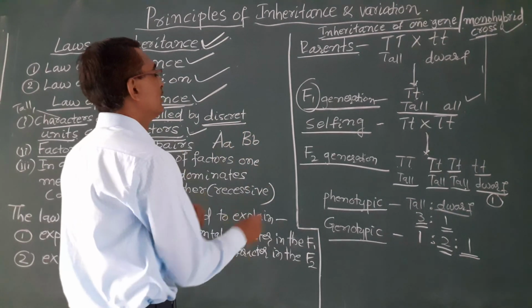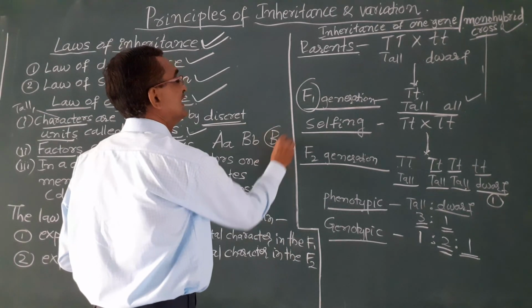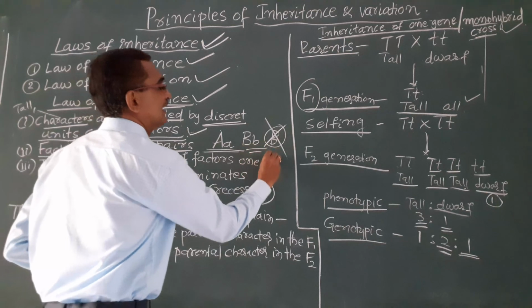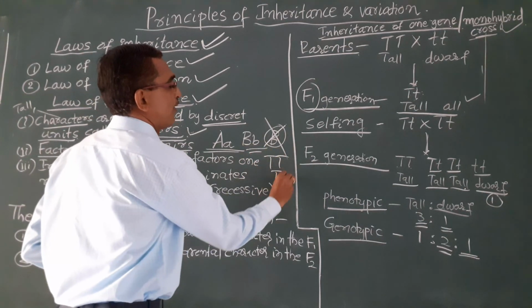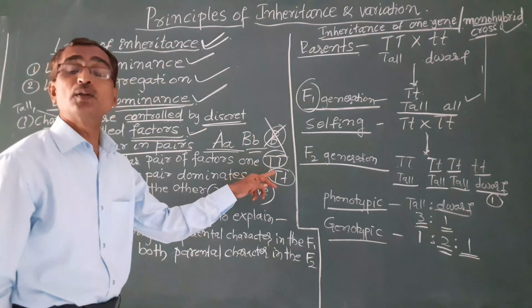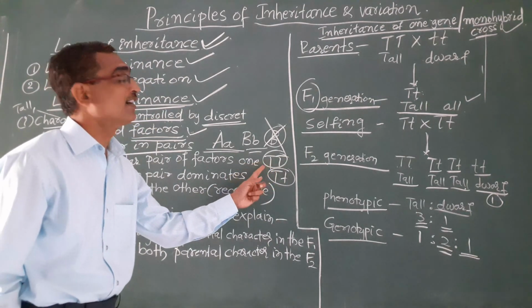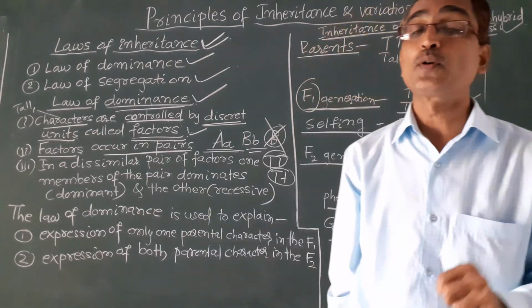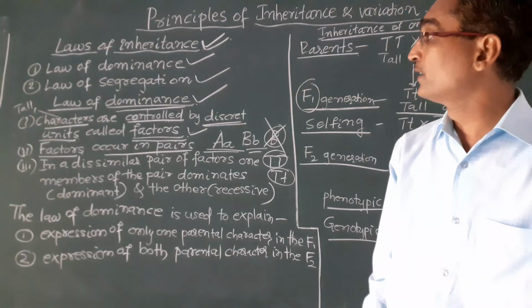They won't occur singly; they occur in pairs. These factors which control the character occur in a pair. That is another proposal made by Gregor John Mendel.